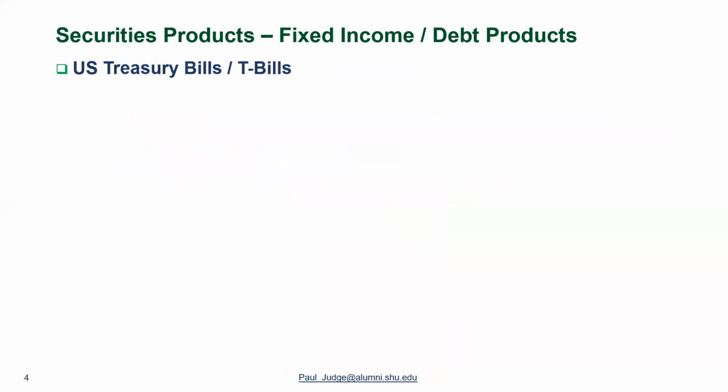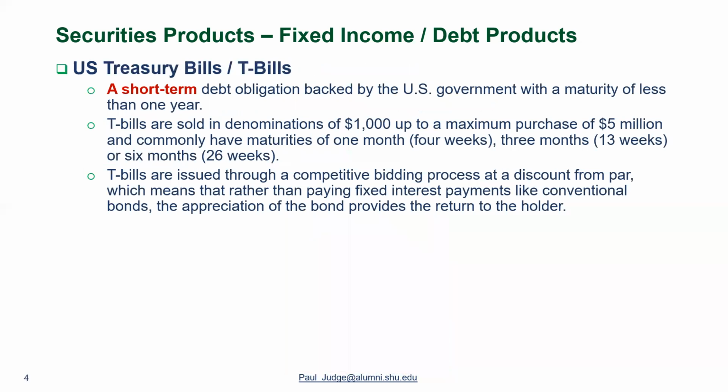So the first type we're going to talk about is Treasury bills, also known as T-bills. So U.S. Treasury bills or T-bills are one type of U.S. Treasury security. And they're a short-term debt obligation for the U.S. government with a maturity of less than 1 year. So T-bills are sold in denominations of 1,000 up to a maximum purchase of $5 million.